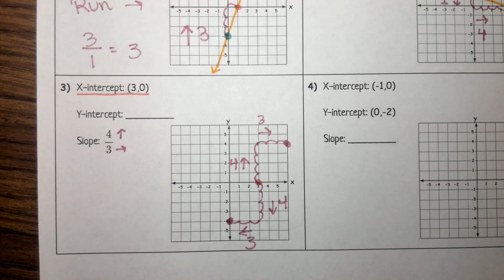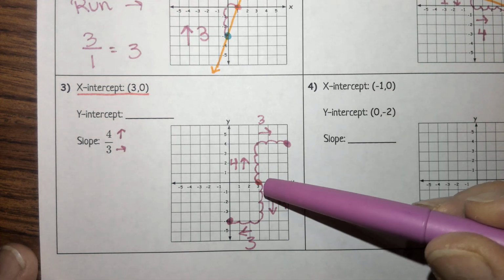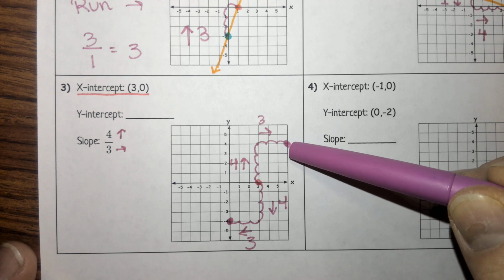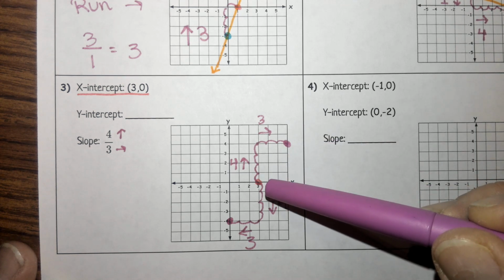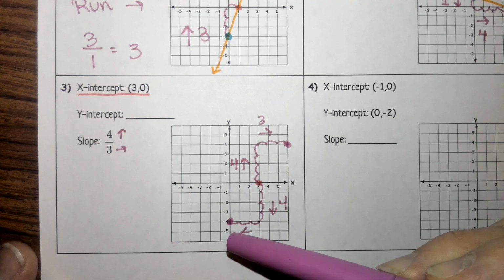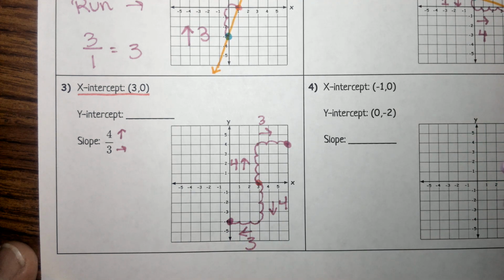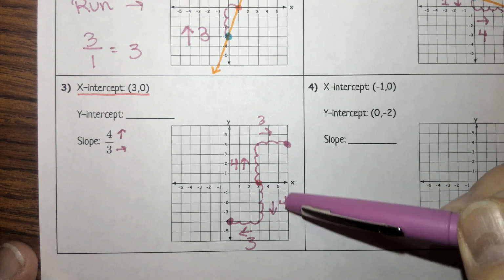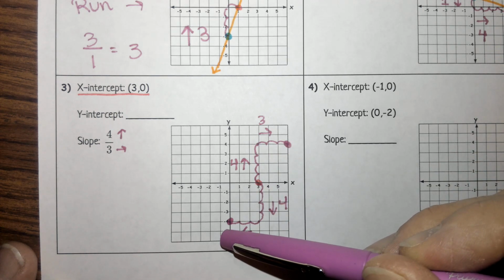So we went down 4, left 3, and we did that because from here, if we go up and right, we get a point, but we don't have the y-intercept. So just in case, because if you draw a line and you are not completely straight through, you might end up with an incorrect y-intercept. So just to make sure, once I go up and right, I go backwards, you go down and left, and I have a point here.